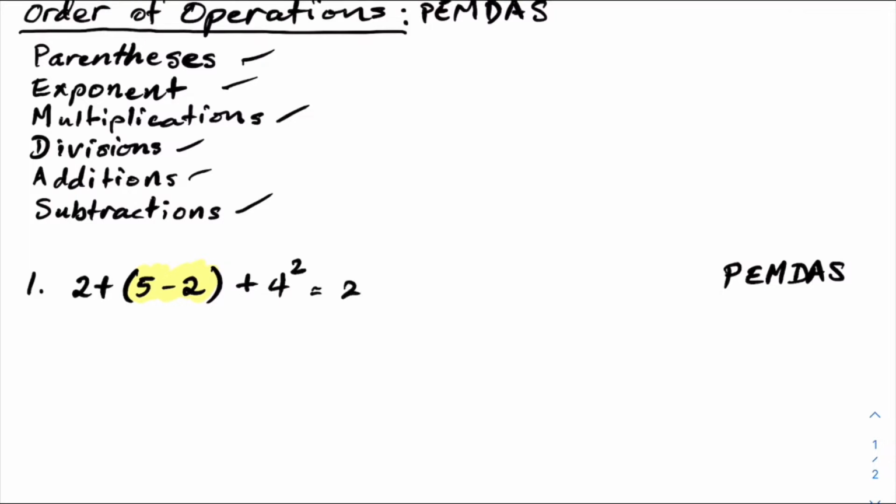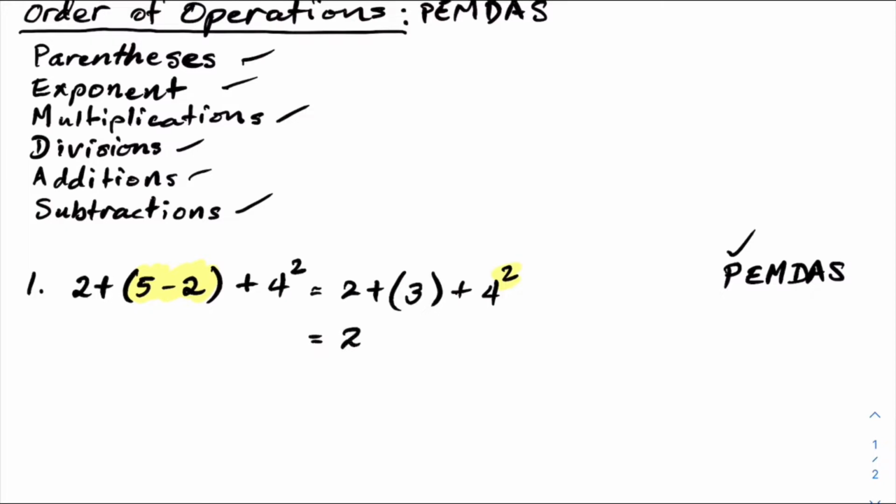2 plus, within the parentheses we have a 5 minus 2, which is 3. Everything else will stay the same. So that is done. Next, the exponent, and we see one exponent over here, so we'll work on that.